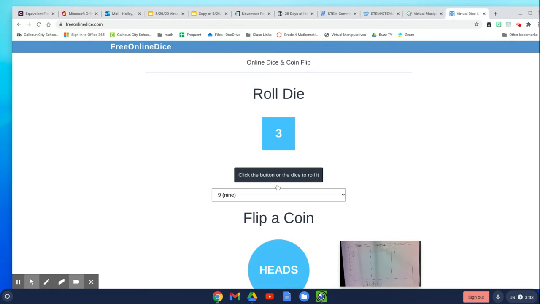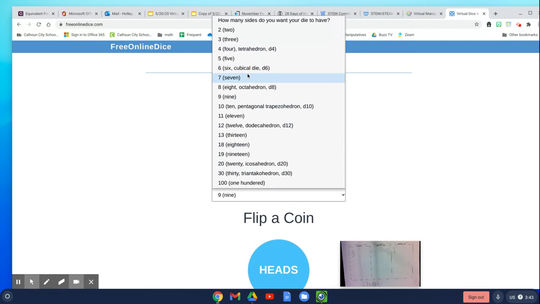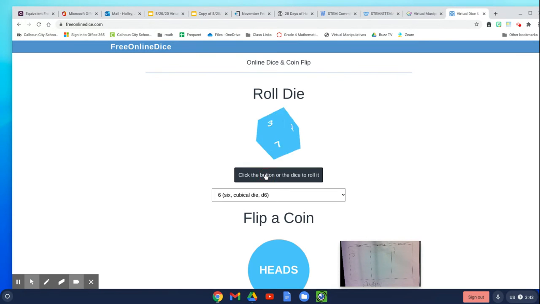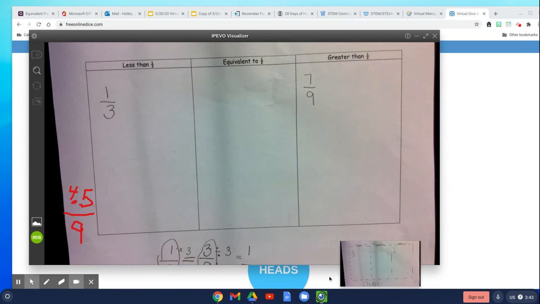Say I wanted it to start out a little basic. So I'm going to go back to 6. I have 5 and 1. So 1/5. What I want y'all to do in the beginning, make sure that your numerator is the smallest number and the denominator is the larger number of what you roll. So 1/5.